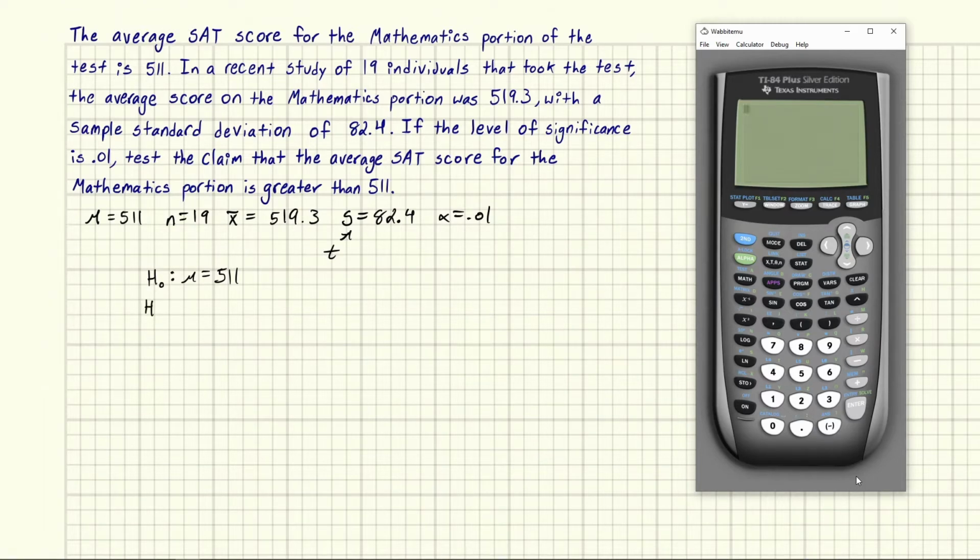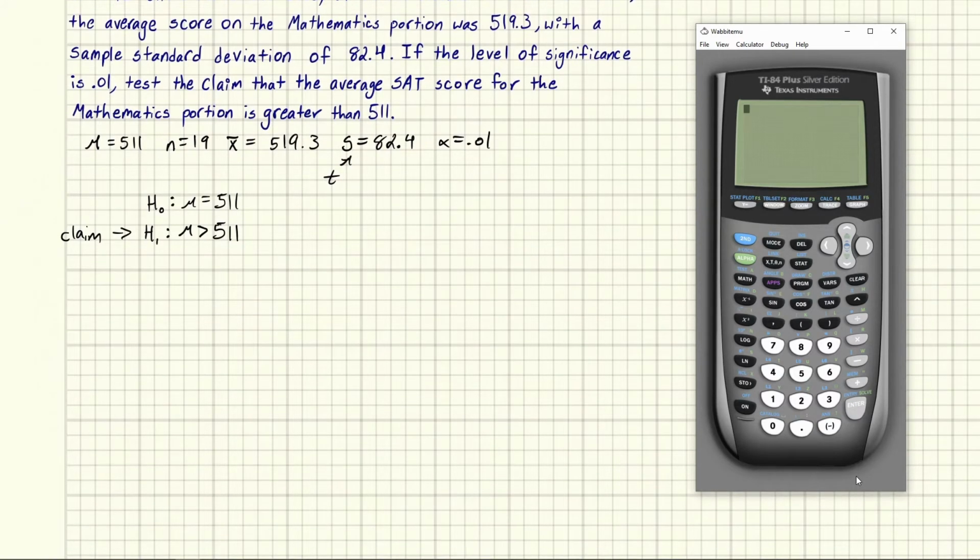Our alternative hypothesis, H1, or HA depending on your teacher, is that the mean is greater than 511. So we think that the mean is actually bigger, so the alligator would rather eat the mean than the number 511, because they think the mean is bigger. And we also know that this is our claim. So our claim is the alternative hypothesis. All right, cool. So that's all good.